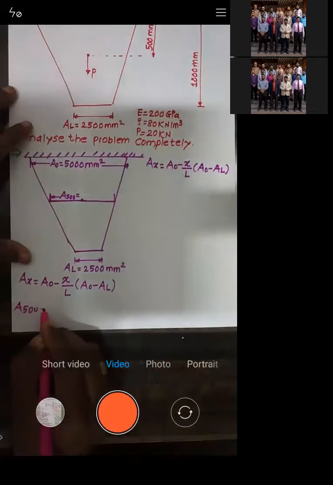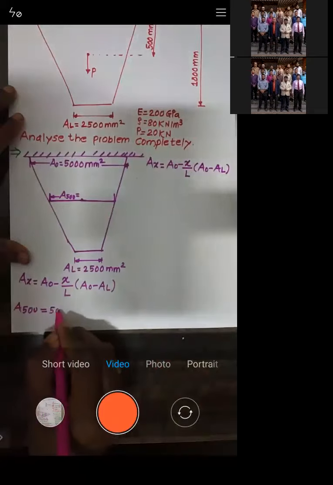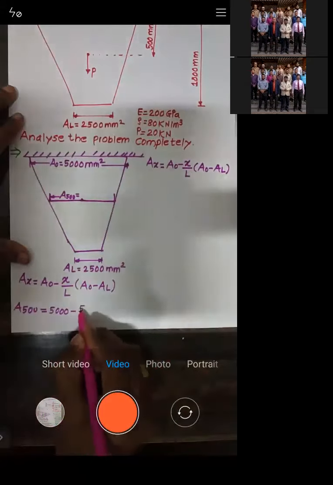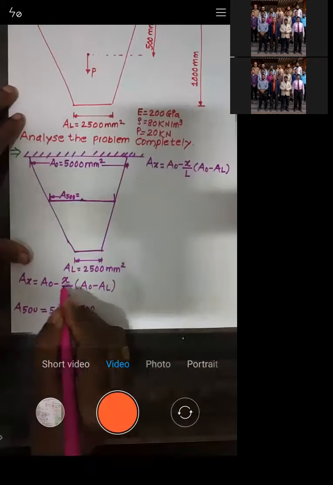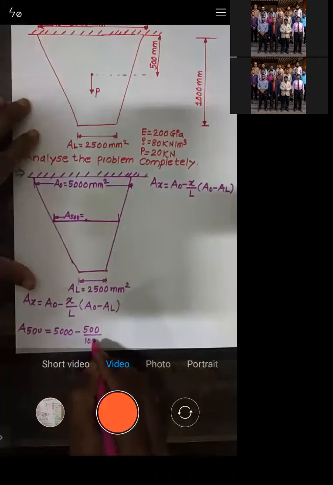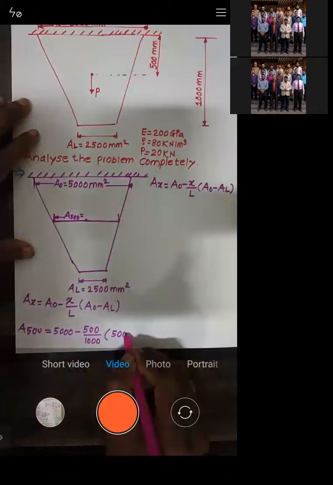A0 is 5,000, minus x, which is 500, upon the total length of the element, which is 1,000, times A0 minus AL, that is 5,000 minus 2,500.